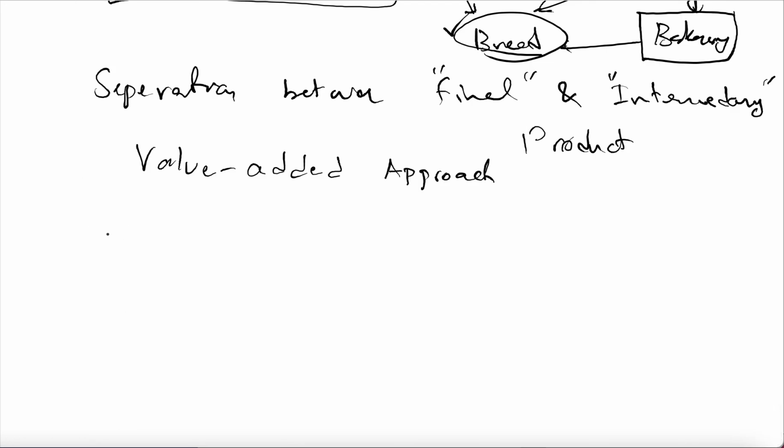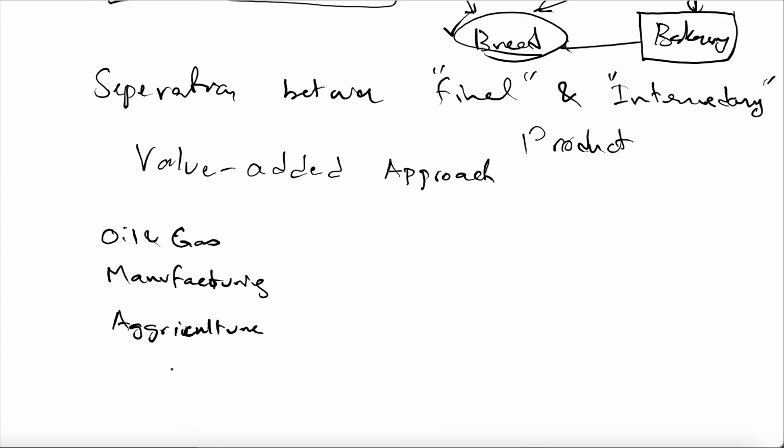It says how much is produced in the oil and gas sector, how much is produced in manufacturing, how much is produced by agriculture, these are the food, how much is in the services, and then you add them all. These are added up, and this is going to give you the GDP with the value added approach.